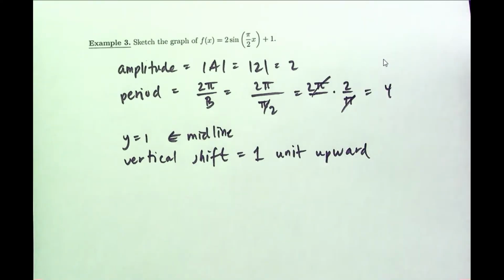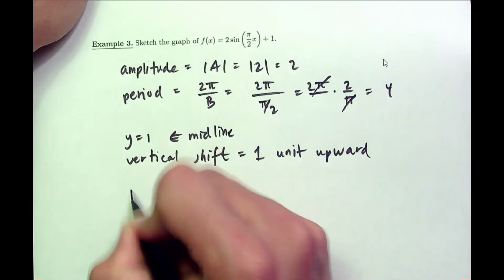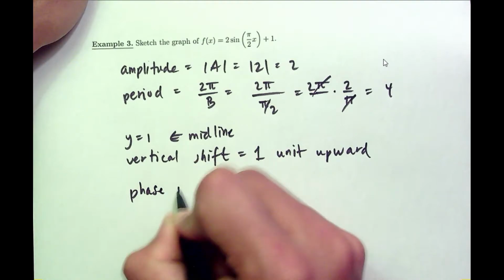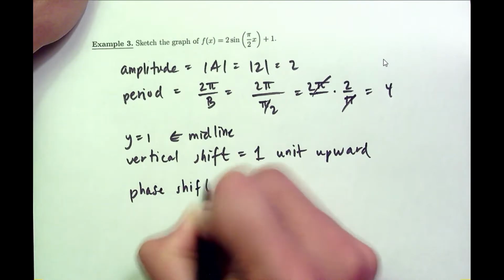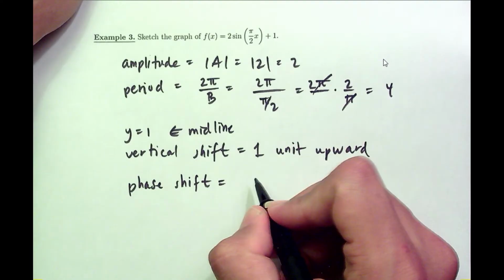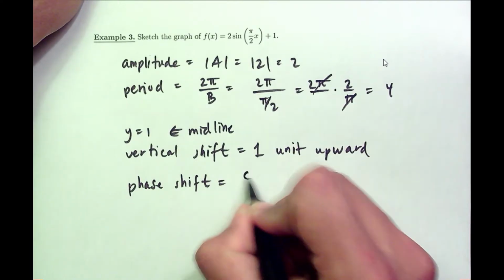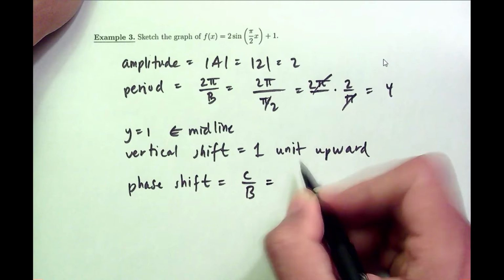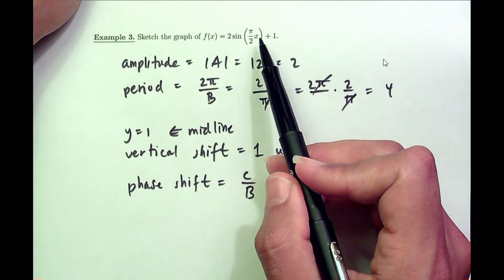And lastly, I need the phase shift: how much the original graph has moved to the left or to the right. So what is the phase shift? The formula for that is c over b. Now the c here in this problem is 0.